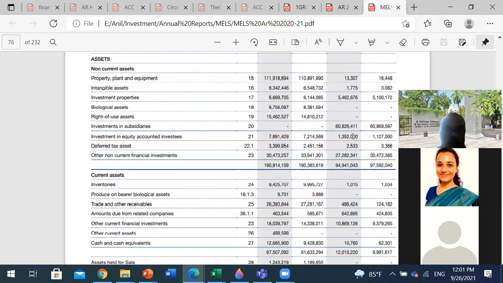An investment in equity accounted investees. When it comes to investments in subsidiaries and associate companies and other investments, a question arises as to whether and how we are going to separate them into operating and financial.